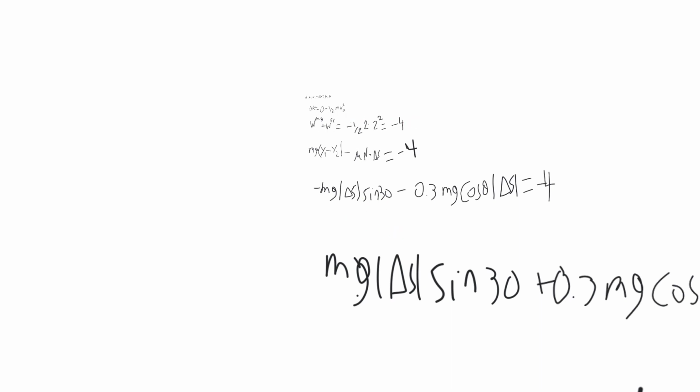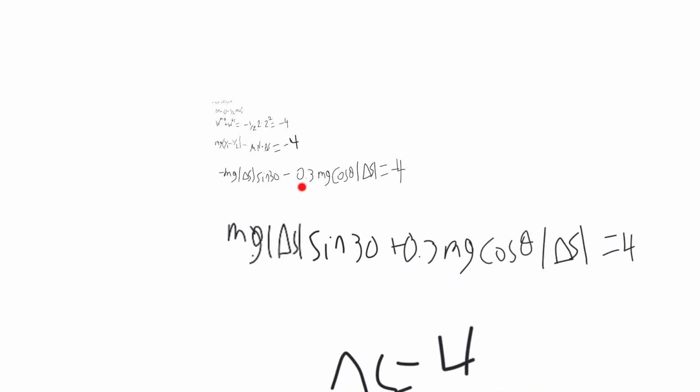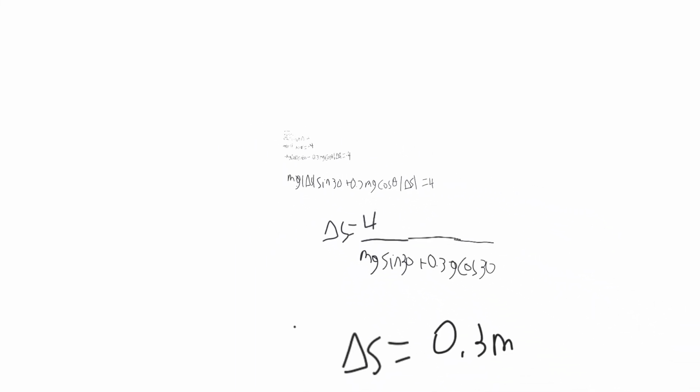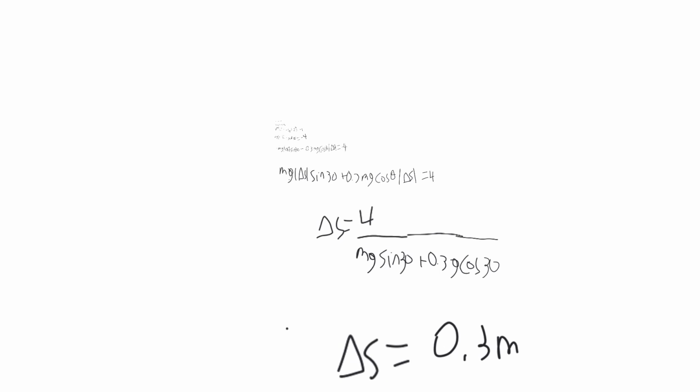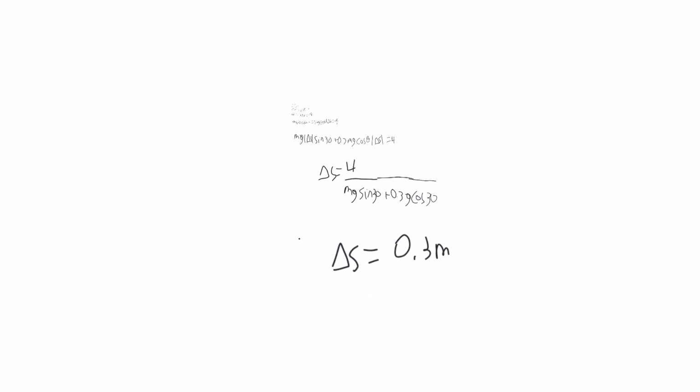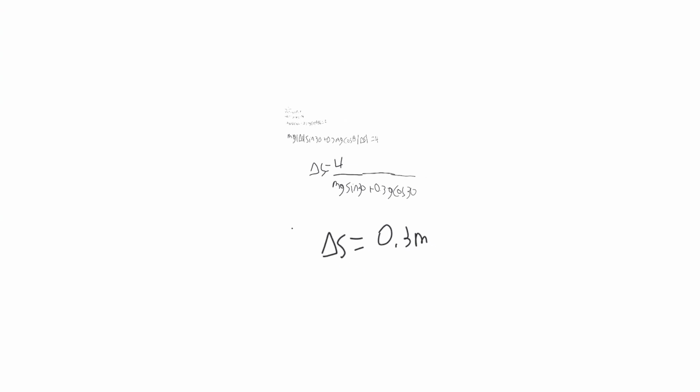And then we use cosine here, the 0.3 times the gravity times cosine of theta times the displacement of s, right? And from here we're going to put everything as positive. If we put everything as positive, it'll help us solve for the change in displacement.